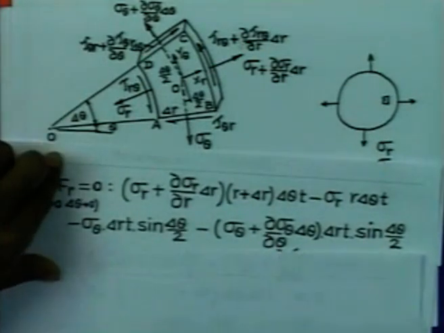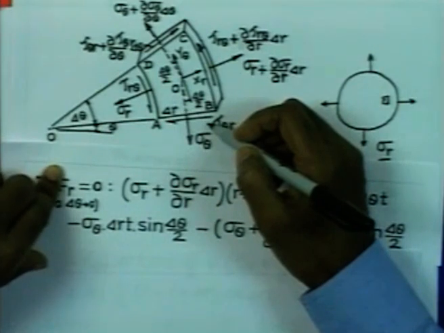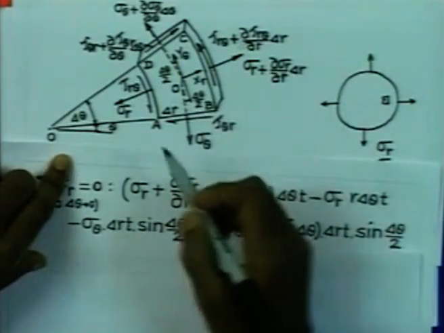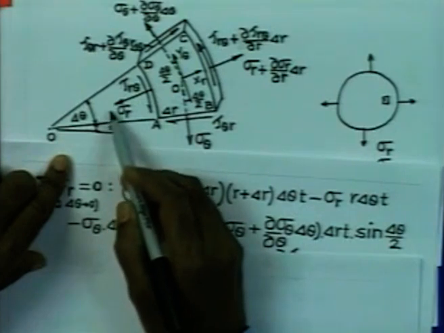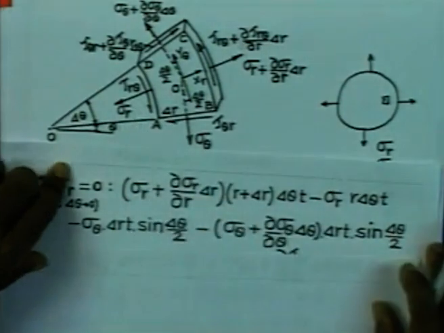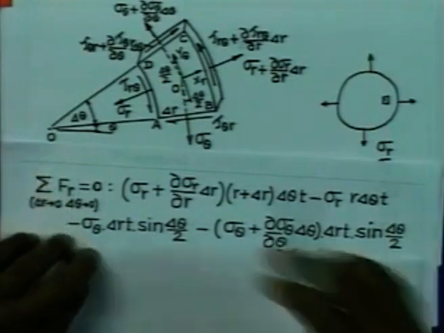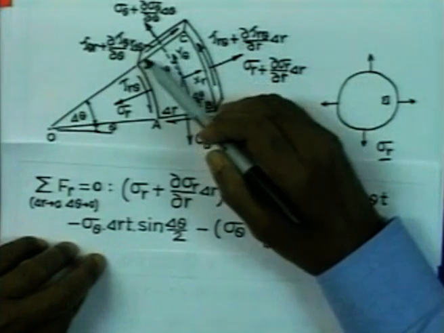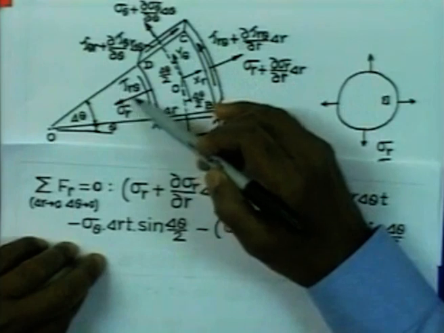Now, we can consider the contributions of tau theta r. Tau theta r acts on an area of delta r into t, and its component in the radial direction would be cosine of this angle, which is delta theta by 2. So, the cosine delta theta by 2 will be the component in the radial direction, and it is in the negative r direction. The other component is similar, acting on an area delta r into t, and its cosine component will be acting in the radial direction.